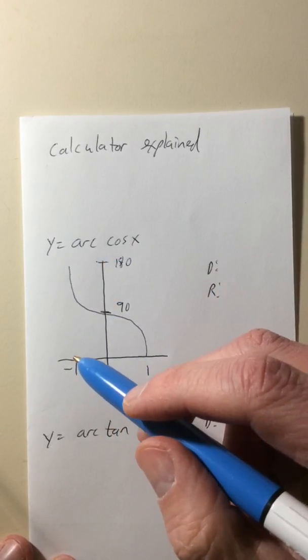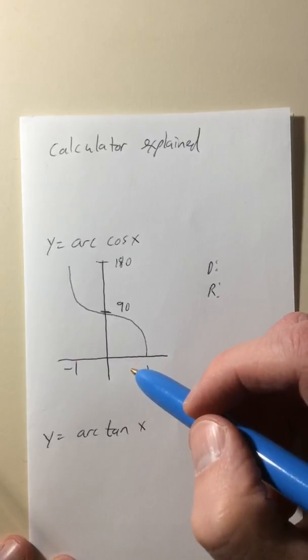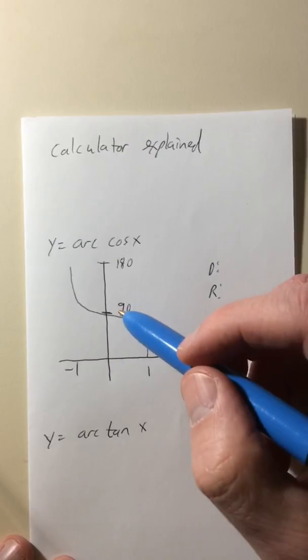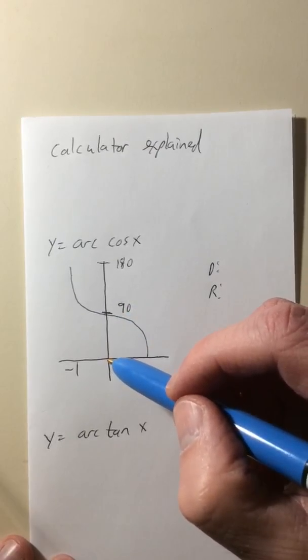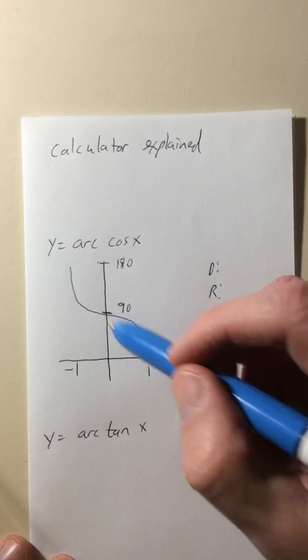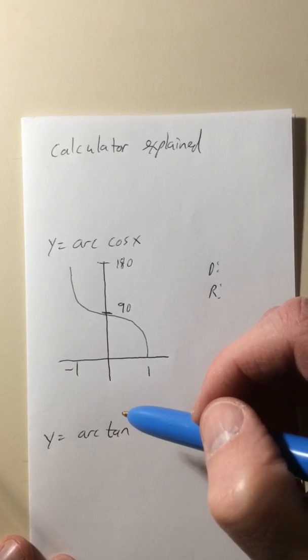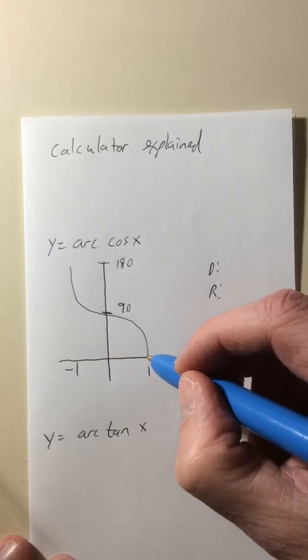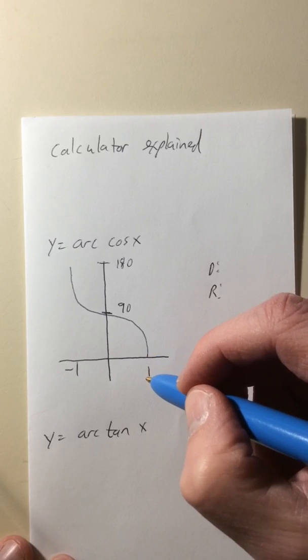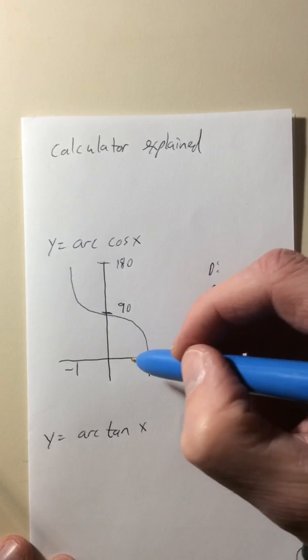So the cosine of what angle has a value of 0? Well, go up to here and we find 90. The cosine of what angle has a value of 1? Well, 1's right here. What's the angle on the y-axis? 0 degrees.